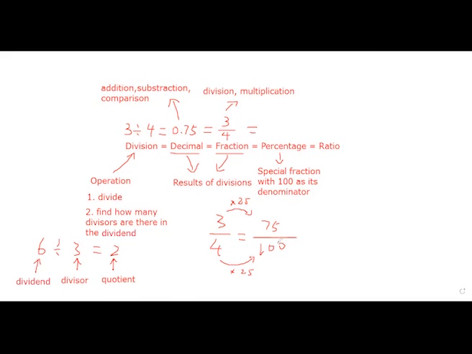Then we rewrite the fractions. We have a percentage sign, which basically means something over 100. So this is 75 over 100. We write it as 75%.